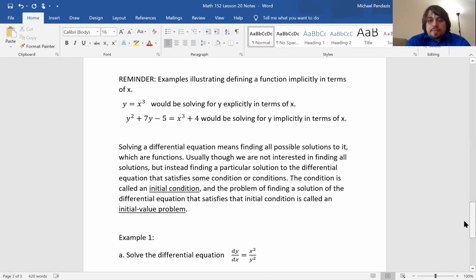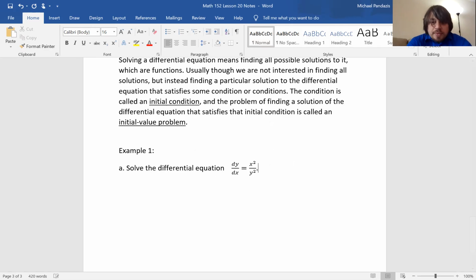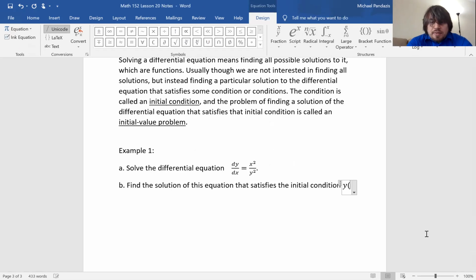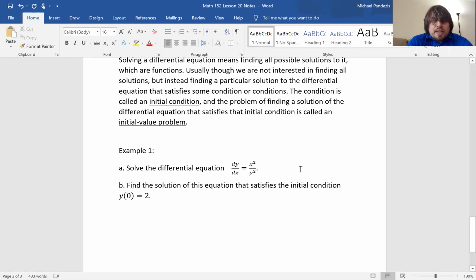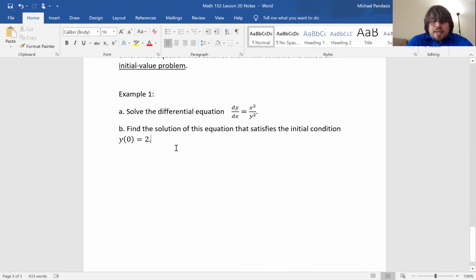For part B, find the solution of this equation that satisfies the initial condition y of 0 is equal to 2. So we have both finding all the solutions of a differential equation in A, and in B we have solving an initial value problem.